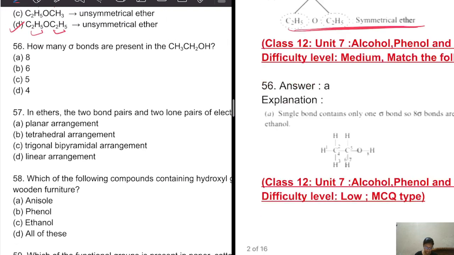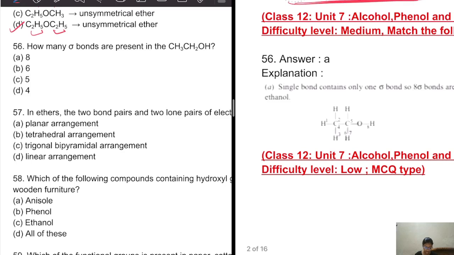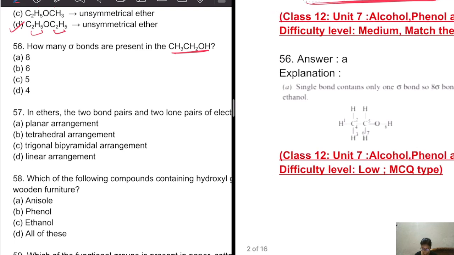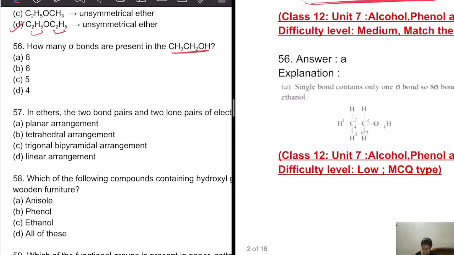Now what is given in the question? How many sigma bonds are present in CH3CH2OH? Let's see the structure.